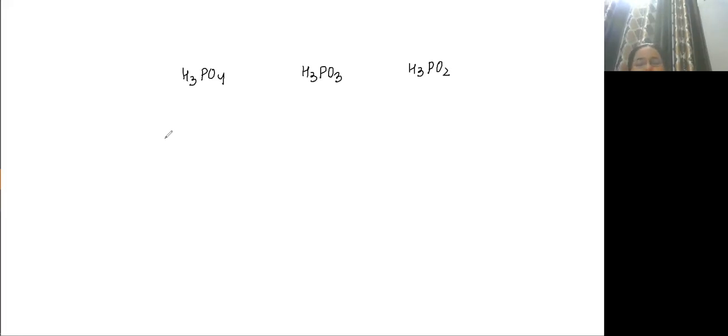But there is exception and only exceptions are these acids. If I'll draw the structure of H3PO4 is like this. H3PO3 structure is like this. OH, OH, H. You have to learn. Basically, these 3 examples you have to learn.